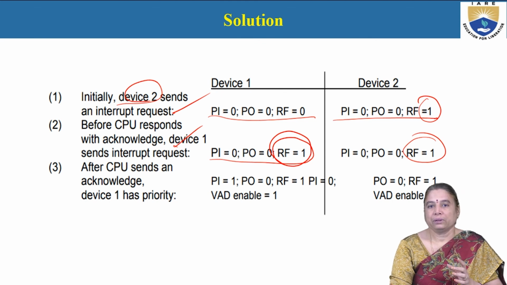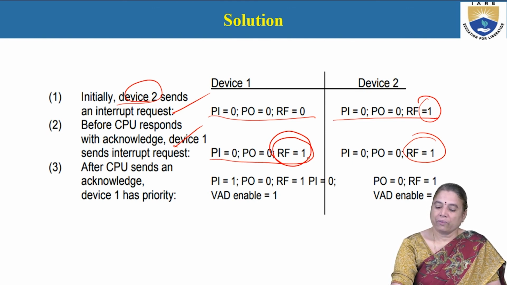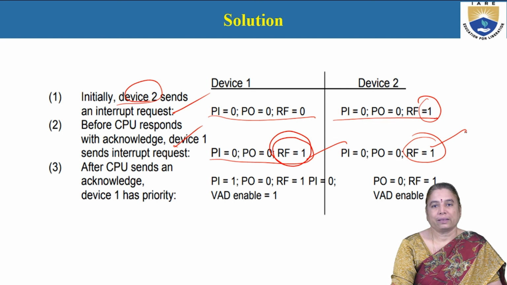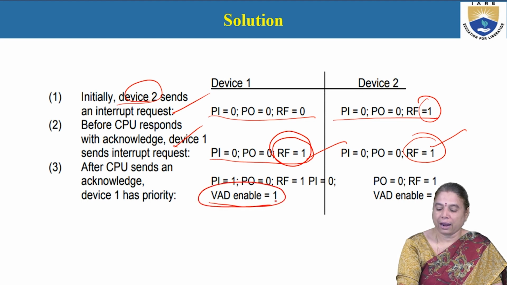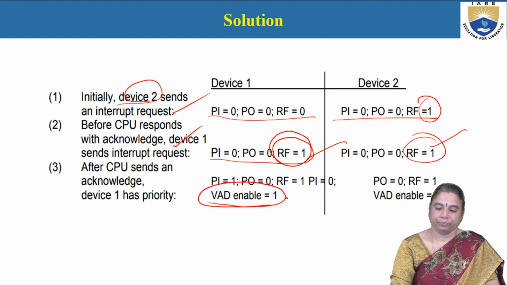Then the CPU decides to acknowledge the interrupt which has high priority. So device 1, device 2 both have raised the interrupts. Depending upon the daisy chain, the CPU can prioritize device 1 having the high priority and acknowledge with a VAD enable of 1.